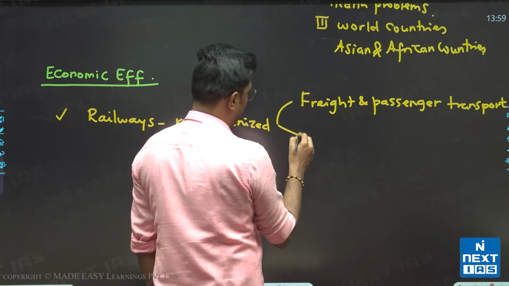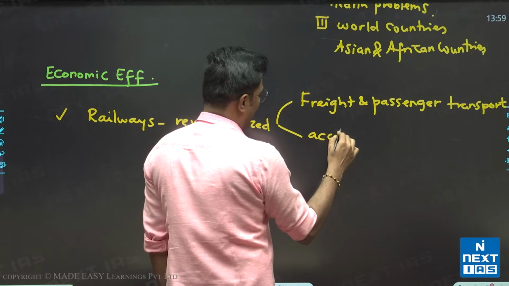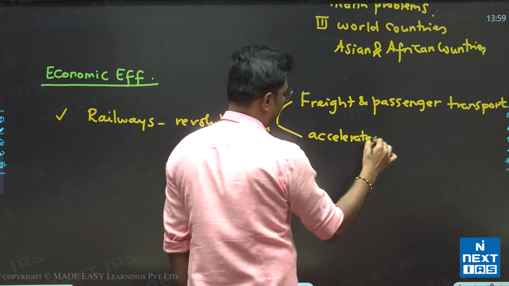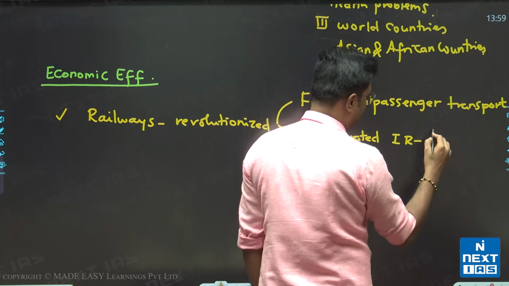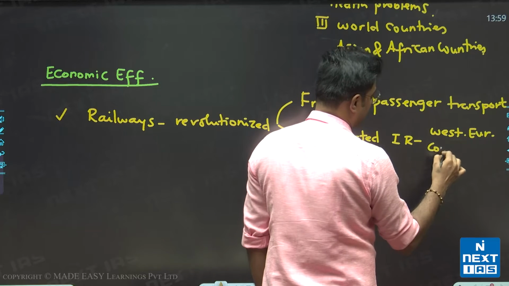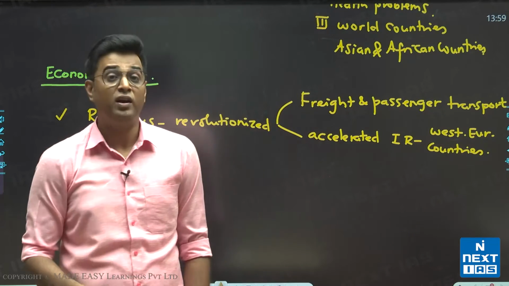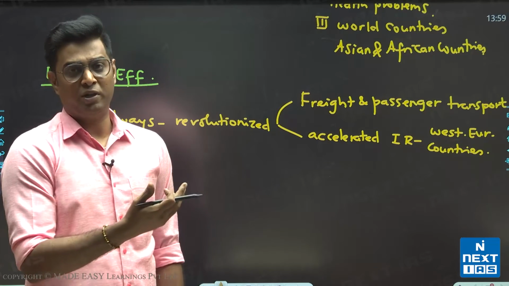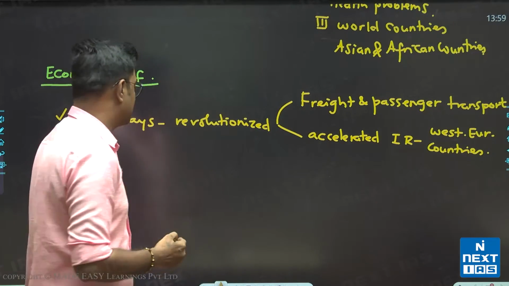So you can say railways accelerated the industrial revolution in various countries, particularly in Western European countries, because goods could be easily moved between the sources of raw materials, industrial cities, and in turn the markets.